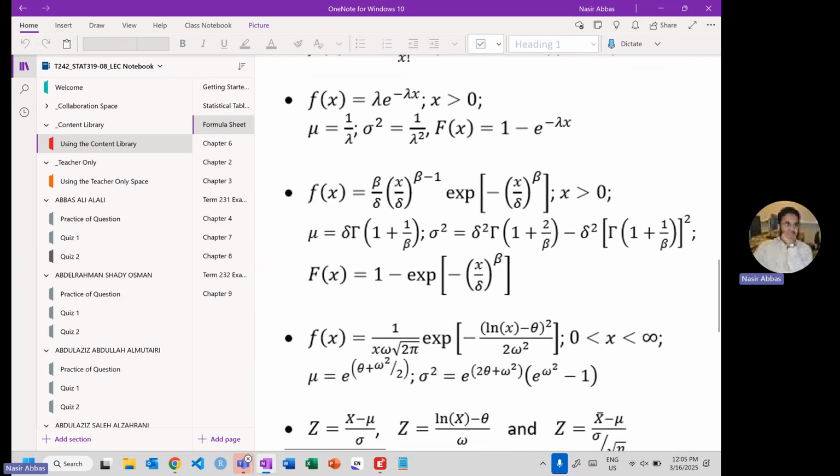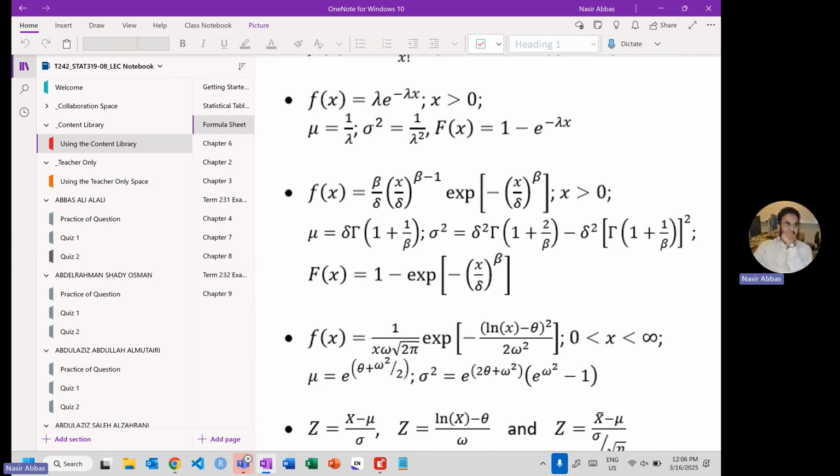Here are all the continuous distributions. Which one is this? Exponential. Which one is this? Weibull. Which one is this? Lognormal. And which one is last? Normal. So it's exponential, Weibull, lognormal. I don't think you will use this first line. You will use the mean and variance only for the lognormal.